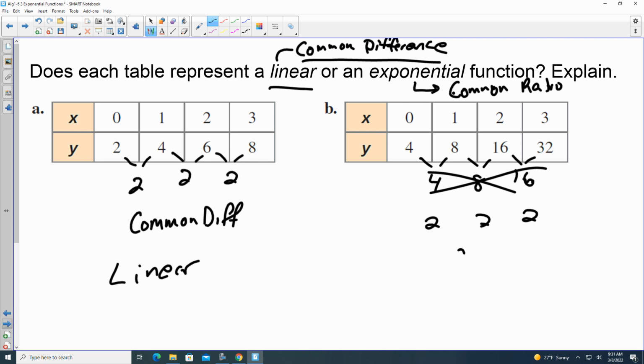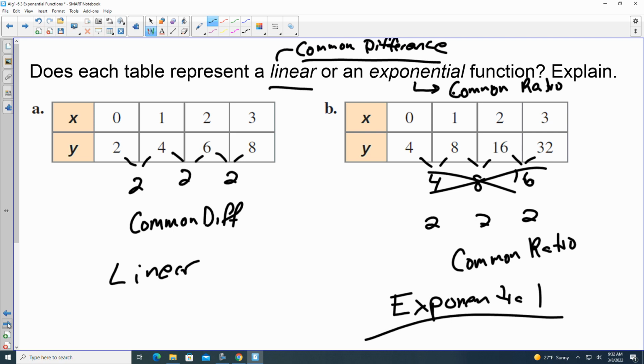This one has a common ratio. The ratio in this case is 2, so this means that example B is exponential. So A is linear, B is exponential. If it has neither a common difference nor a common ratio, then it's neither linear nor exponential. It's something else.